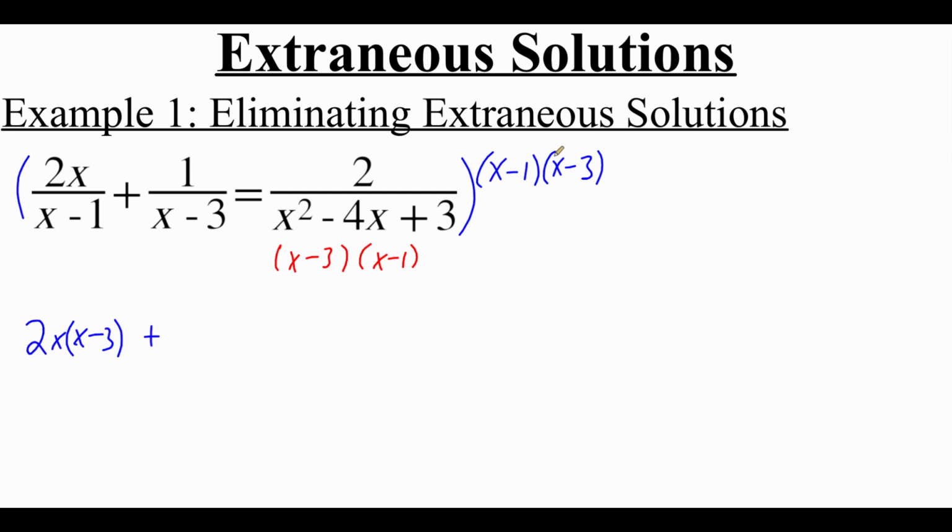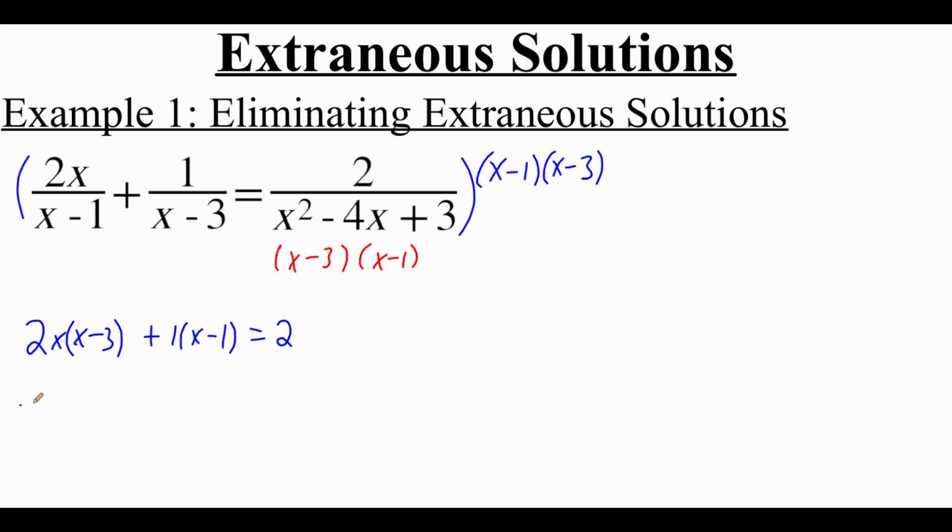Now when we multiply this by the second fraction, that 1 over x minus 3, the x minus 3's will cancel each other out, but the 1 from the numerator will still be there, and the x minus 1 will still be in there. And then if I take the x minus 1 and the x minus 3 times the fraction on the right-hand side, remember the denominator was x minus 3 times x minus 1. So both of those terms are going to cancel out, and all we're going to have left over is the 2.